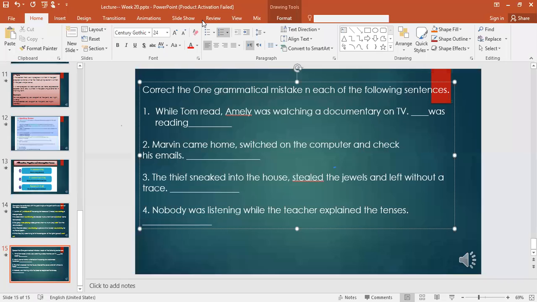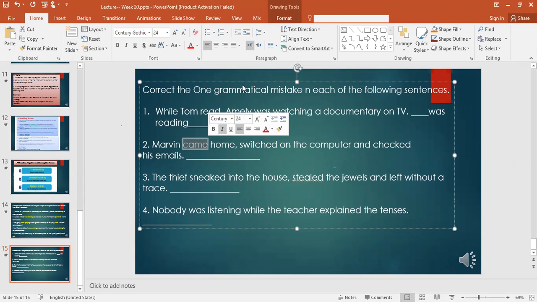Got it? Yalla, Zahra. Number 2. We still have 2 minutes, so we have to finish this exercise. Marvin came home, switched on the computer and check his emails. It's checked, not check. Can you tell me why, Zahra? Because he came home. Came is used in what?